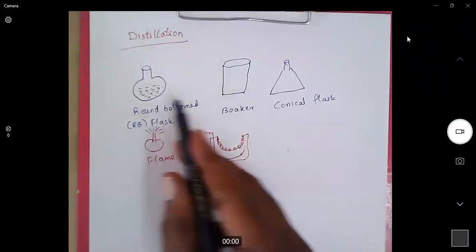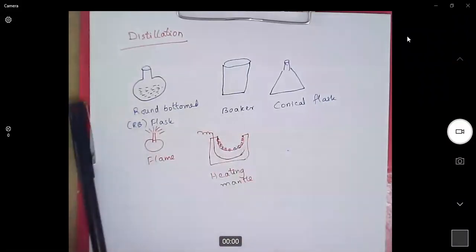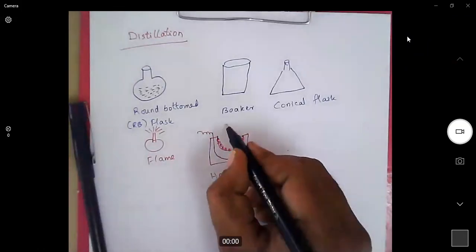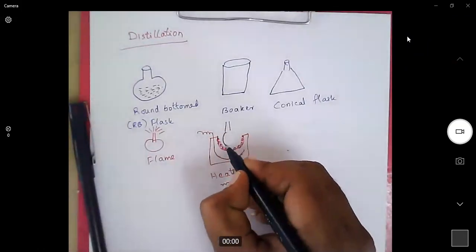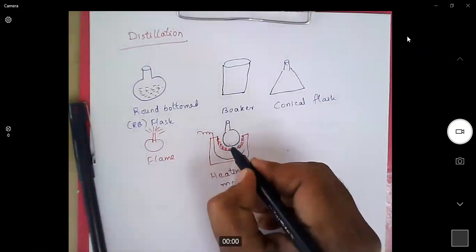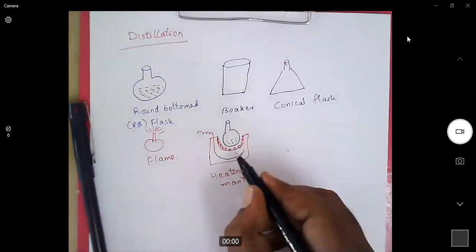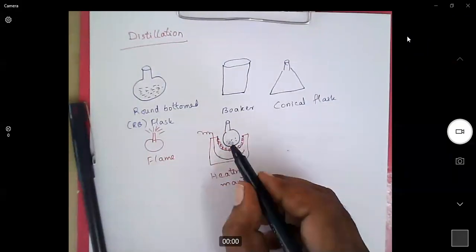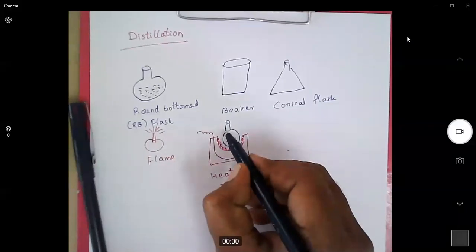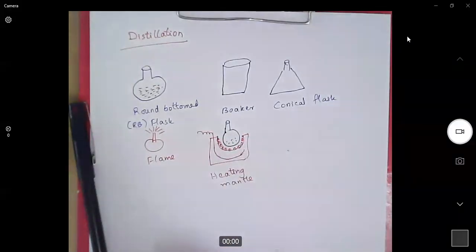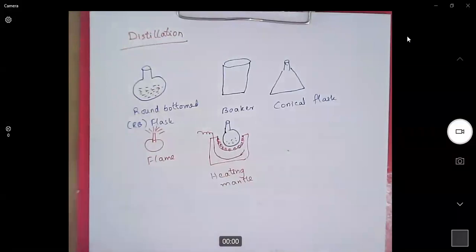Then we place the RB flask inside the heating mantle so that when we switch on the instrument, it will supply heat energy. So this is one way of supplying thermal energy to heat the RB flask.